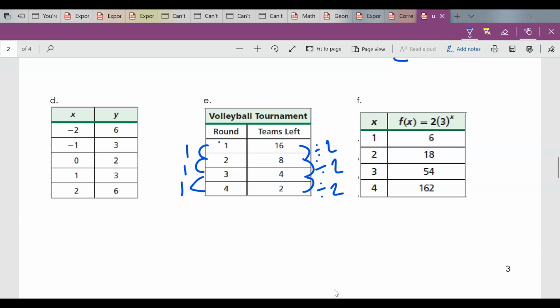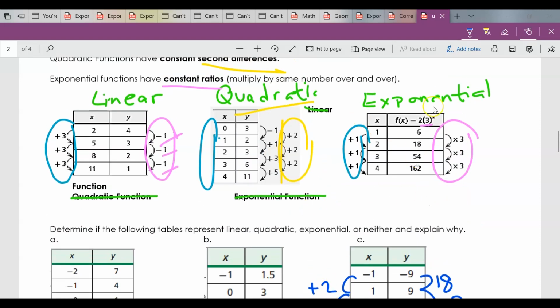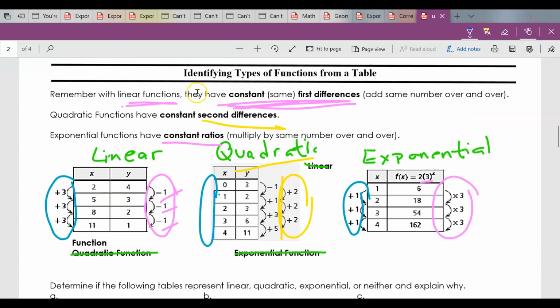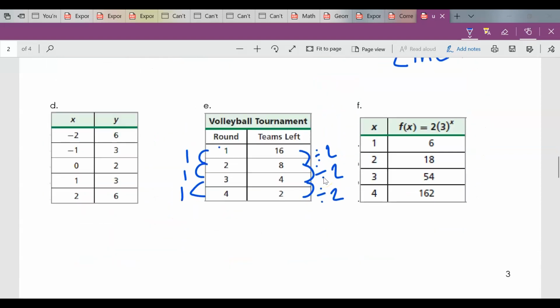So this would be my exponential function because I'm multiplying or dividing by the same number over and over again. Now the rule said that I had to multiply, but I recognized I was dividing. Remember that dividing by 2 is the same as multiplying by 1/2, right? So this would be exponential.